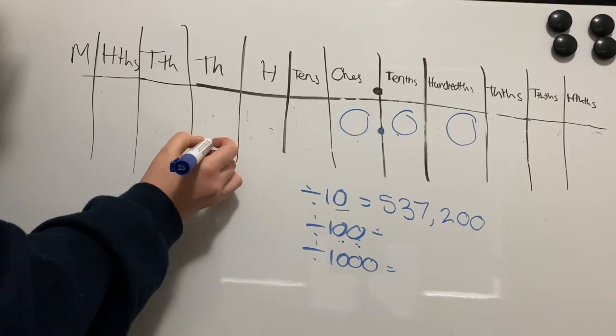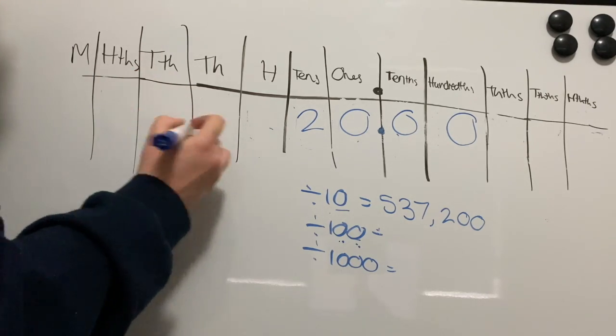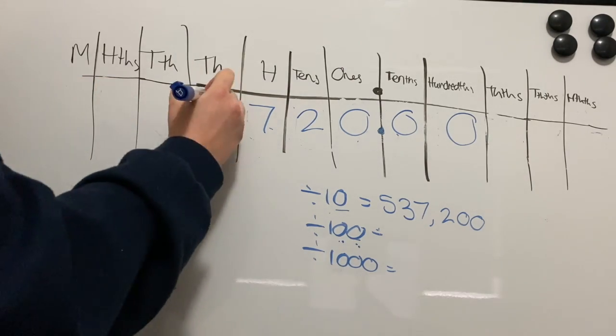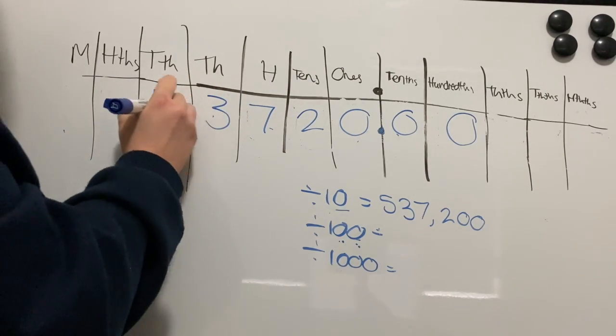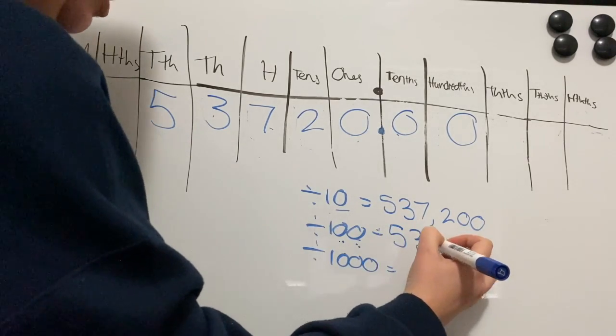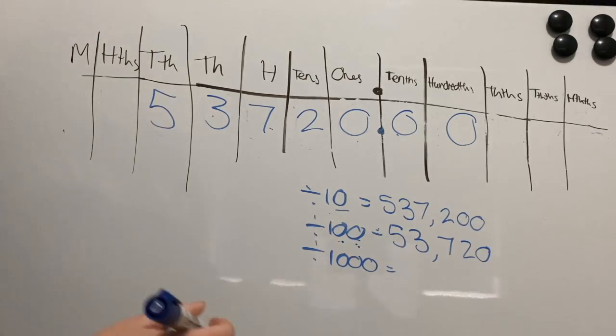The 2000s becomes 2 tens, the 7 tens of thousands becomes 700, the 300,000s become 3,000s, and the 5 millions becomes 5 tens of thousands. You're then left with 53,720. Can you see a bit of a pattern here?